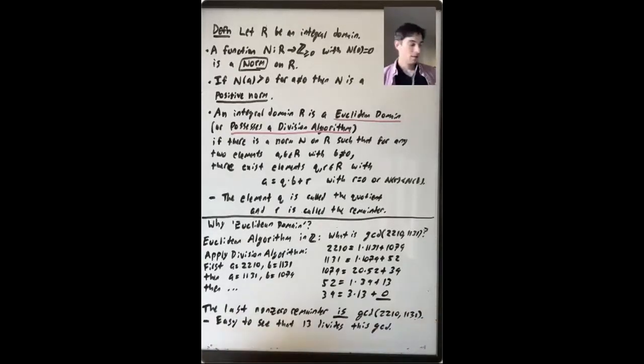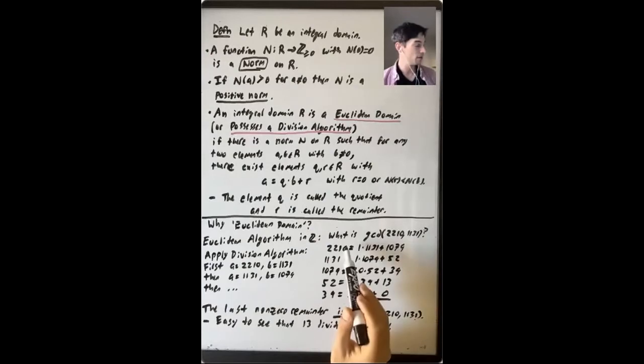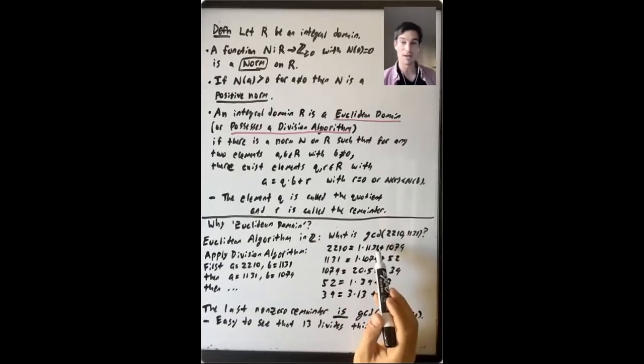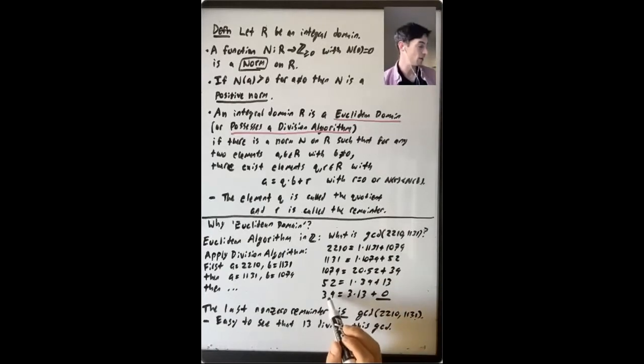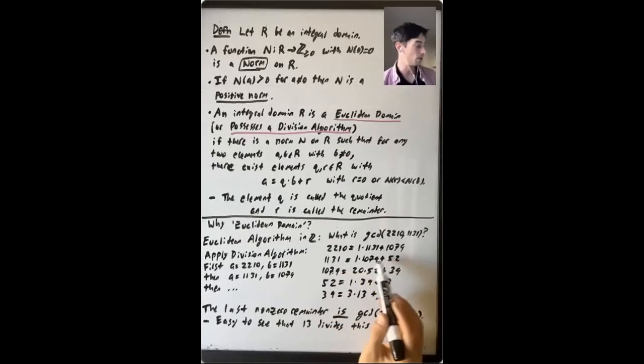If you just go down this stack of equations, it's easy to see why 13 is a divisor of both 2210 and 1131. 13 divides everything in sight, because 39 is divisible by 13, 13 is divisible by 13, so 52 is as well, and 1079 is as well. So everything in sight is divisible by 13. And with a little bit of thought, you can see why this is in fact the greatest common divisor.